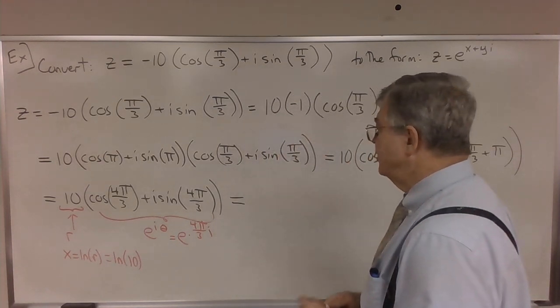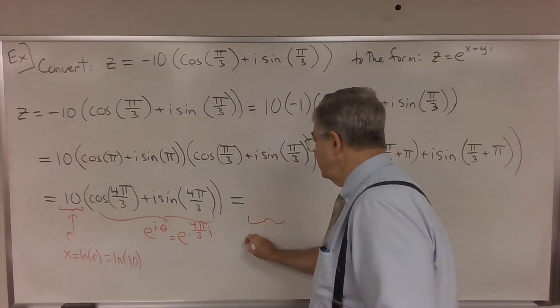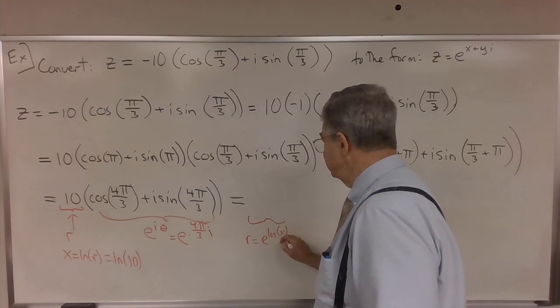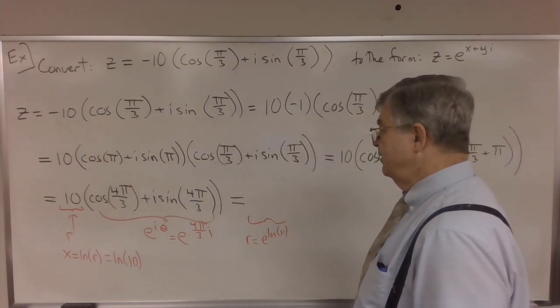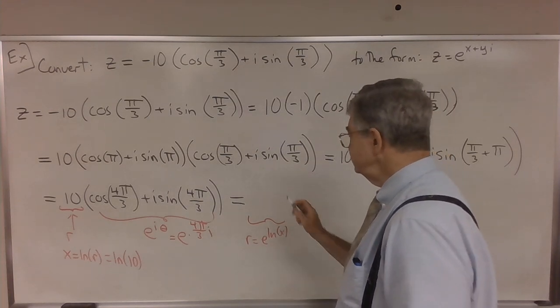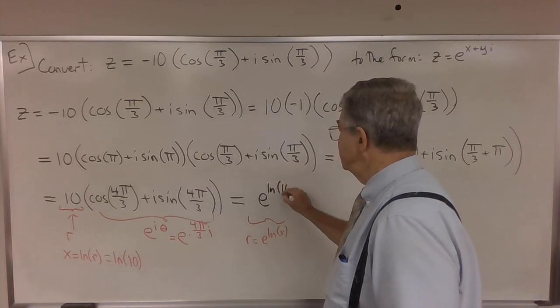So here we should get r equals e to the natural log of x. So let's see, that's e to the natural log of 10.